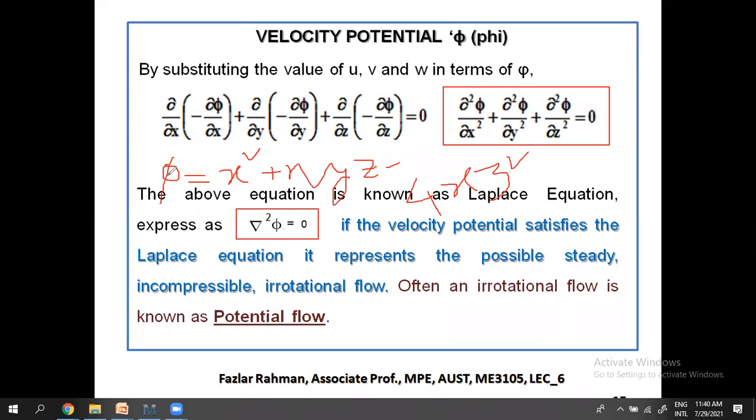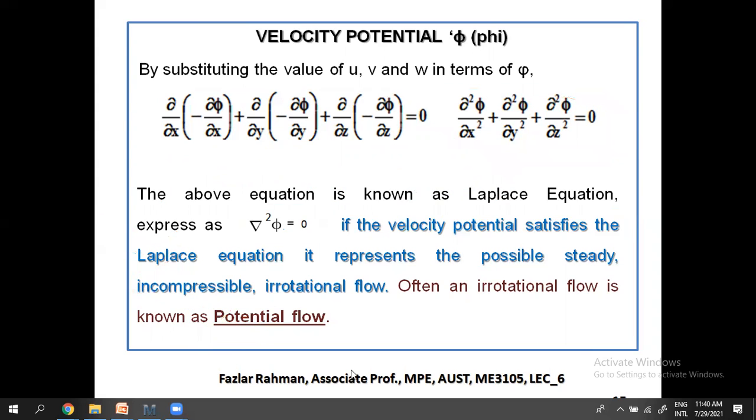For this phi, at first find the value del phi by del x. You differentiate one more time, then you get del square phi by del x square. Similarly, you find del square phi by del y square, then you put it over here. If it satisfies this equation, that means the flow is incompressible and also irrotational.